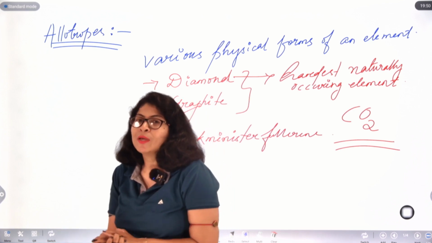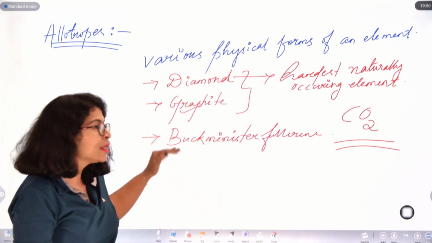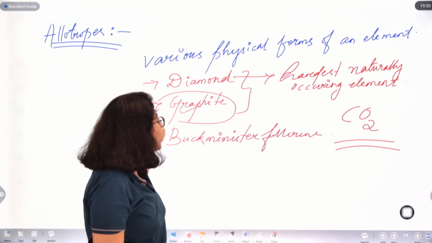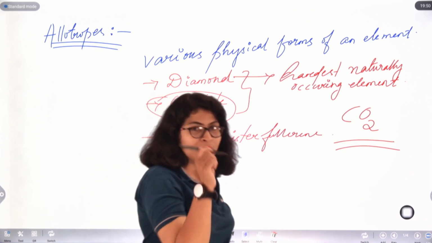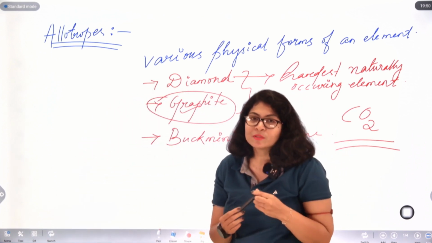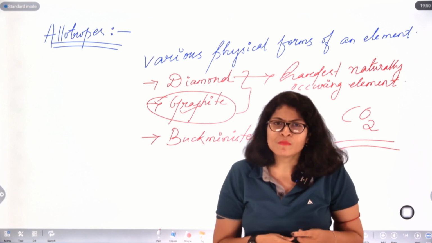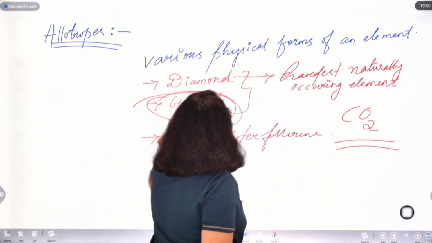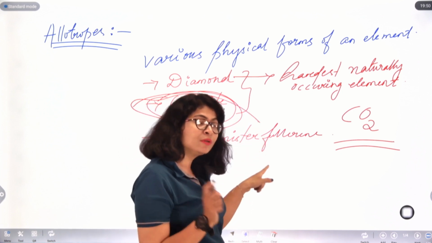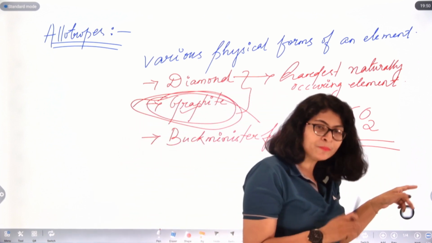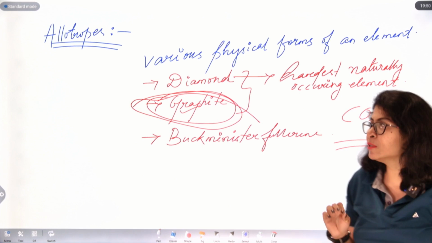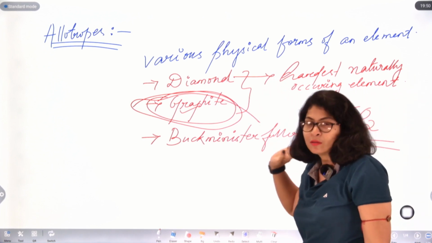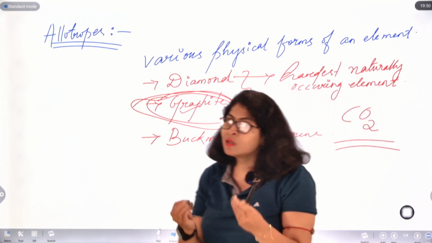Now next comes graphite. If we compare graphite with diamond, this is a softer one as compared to diamond, right? Graphite we are using in our pencil nibs. It breaks easily because it is very soft as compared to diamond. So graphite is a softer allotropic form of carbon. And what is the basic difference between diamond and graphite? First thing is, physically you will observe the color.